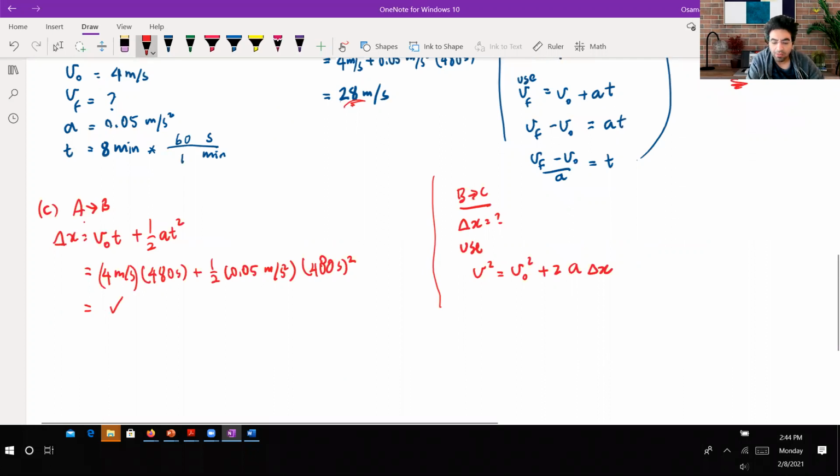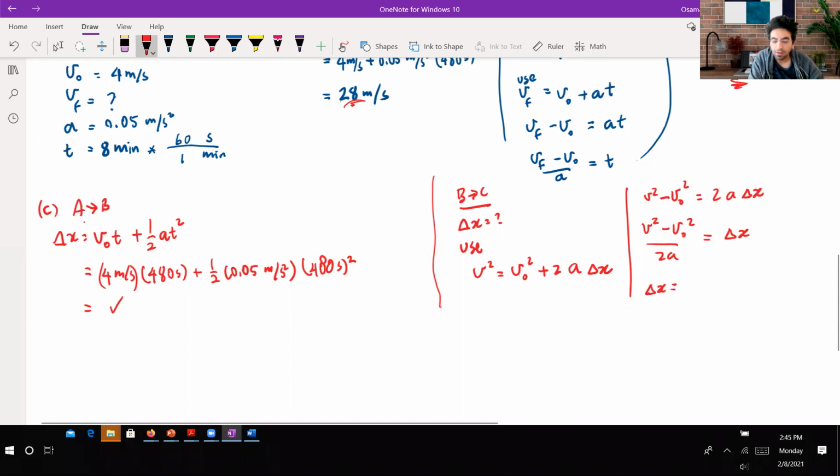So rearranging that equation, first of all, subtract V naught squared from both sides. And then to isolate the displacement, divide by twice the acceleration. So now I've isolated the displacement.